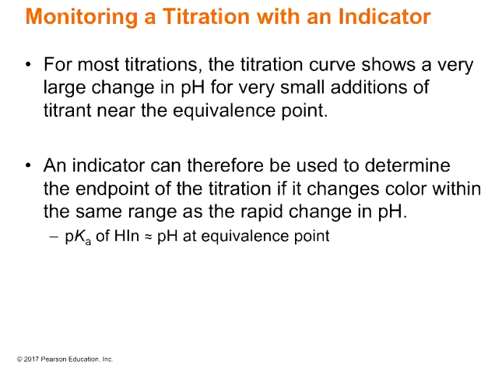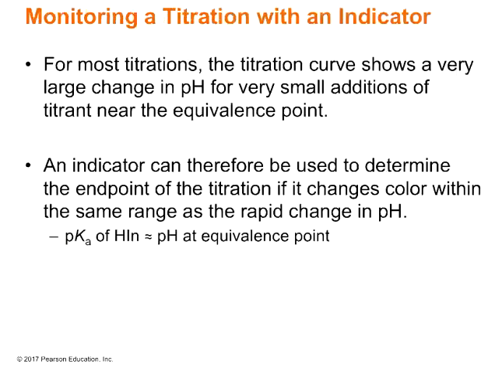So for most titrations, the titration curve shows a very large change in pH for very small additions of titrant near the equivalence point. So an indicator can therefore be used to determine the end point of the titration if it changes color within the same range as the rapid change in pH. So that's really important.